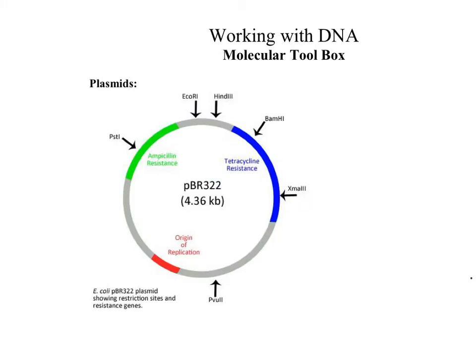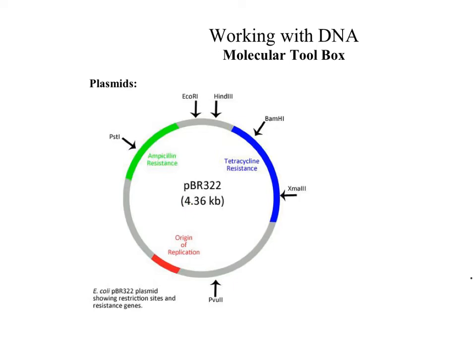What you see here is a schematic of a plasmid. This plasmid contains about 4.4 kilobase pairs. In other words, it's 4,376 base pairs.